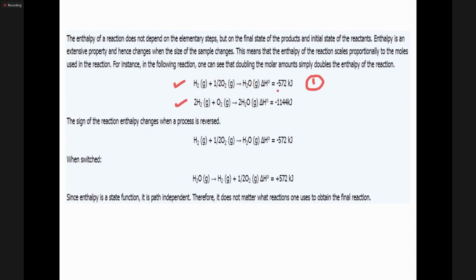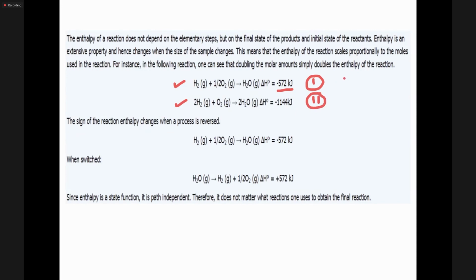Delta H0 is minus 572 kilojoule. Also, if we balance the equation in a different manner, putting 2 ahead of hydrogen and 2 ahead of water, then the delta H0 value becomes just double that of the first reaction, that is minus 1144 kilojoule.